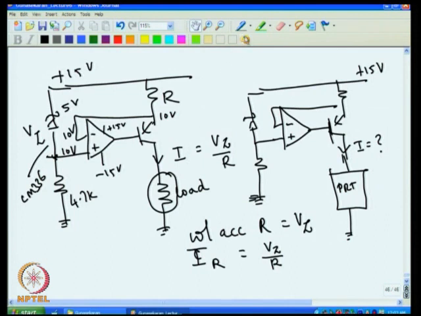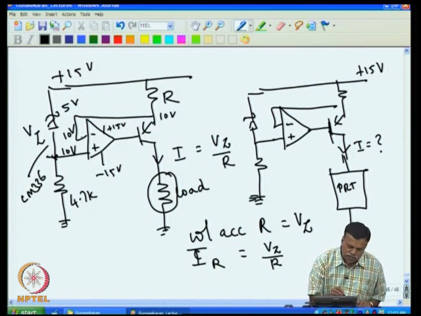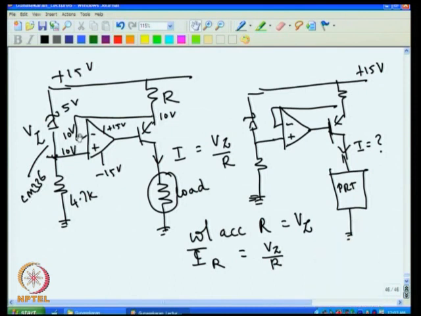But actually how the circuit is working, leaving this mathematics, if we look at how the circuit working, we can approach this in a different way. Assume that if this is 10 and if this is not 10, suppose if this is more than 10, say 11 volt, then this point will come down, because this is 10 and if inverting input is 11, so automatically this output will go to minus 15, and if this is sitting at plus 11, the enormous base emitter voltage difference comes, then automatically it conducts heavily.